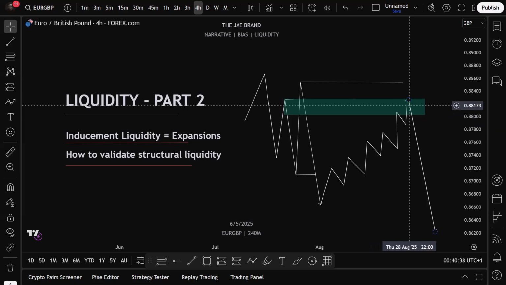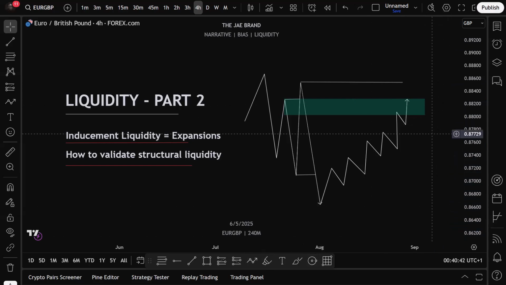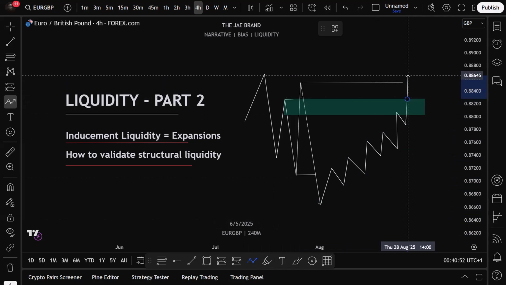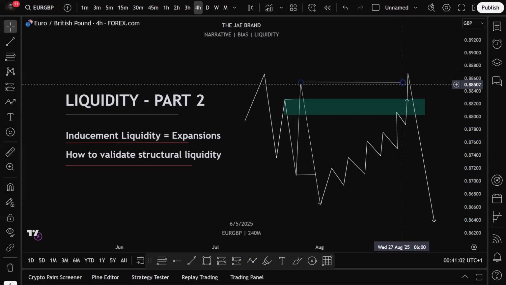So instead of price retracing back or selling off from this premium area, because there is no structural liquidity, you will see price will normally take off this low, induce this low, and expand from there. I'm going to show us something more practical on the chart.